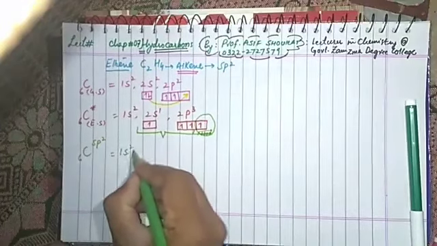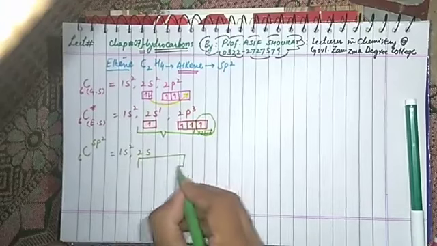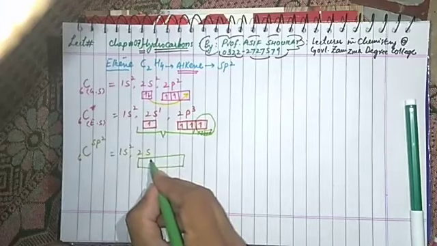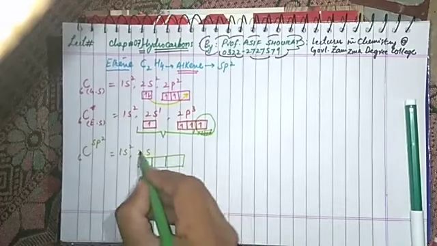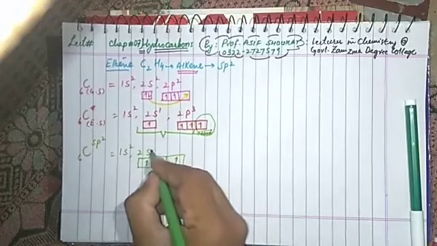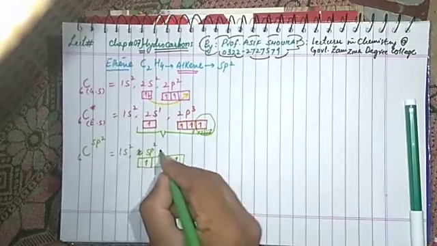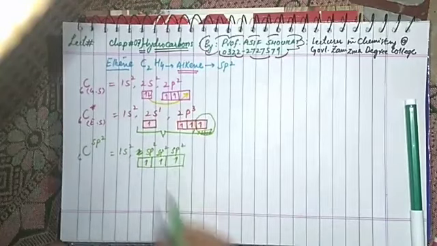You will get 1s2, and you just avoid this overwriting made by me. 1, 1 and 1 sp2, sp2, sp2. There are 3 sp2 orbitals.